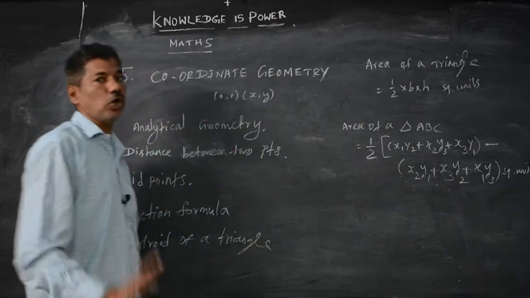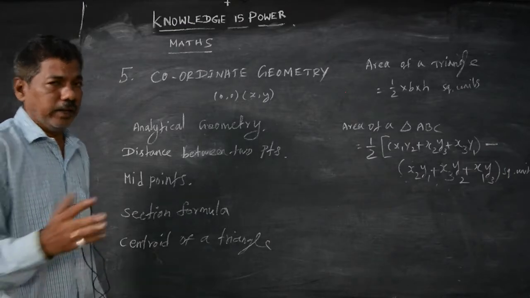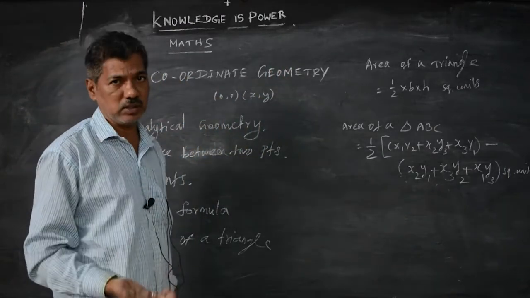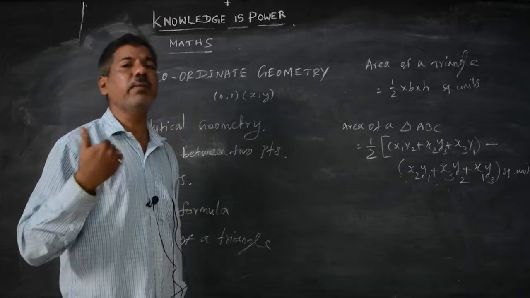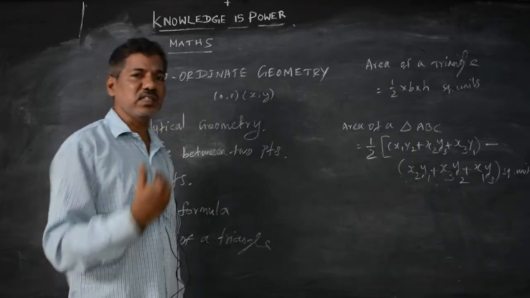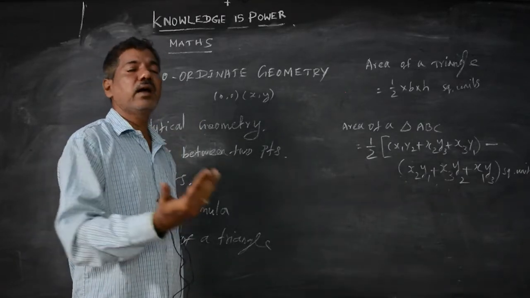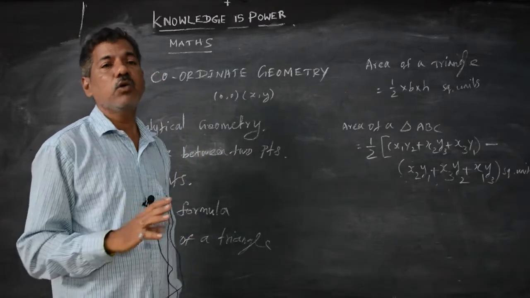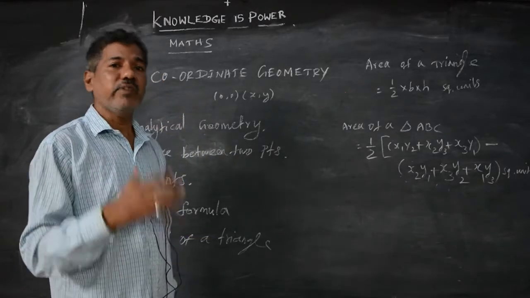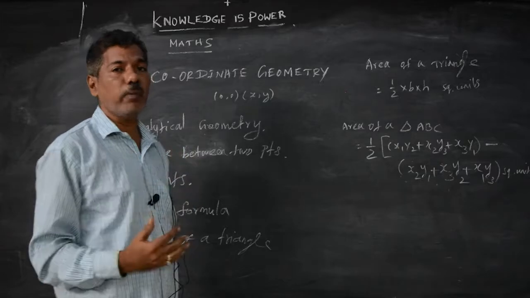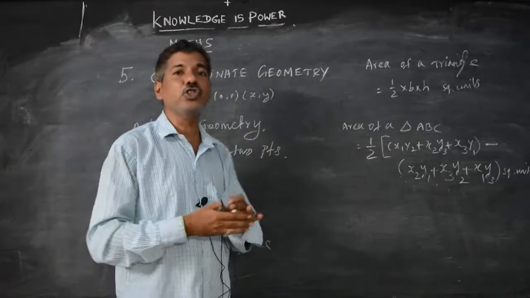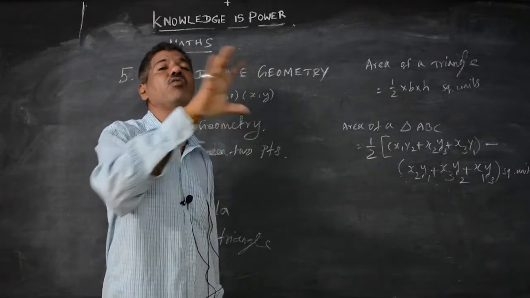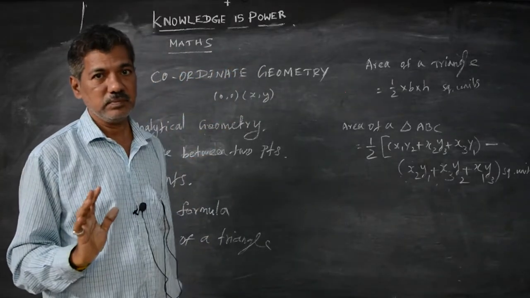What is the meaning of geometry? In the previous classes we learned certain things about geometry, in the lower and middle classes: how to draw a circle, how to draw a triangle, what measurements we need to draw a triangle, a quadrilateral. We have learned two types of geometry, theoretical geometry and practical geometry. Using certain measurements we can draw certain shapes.